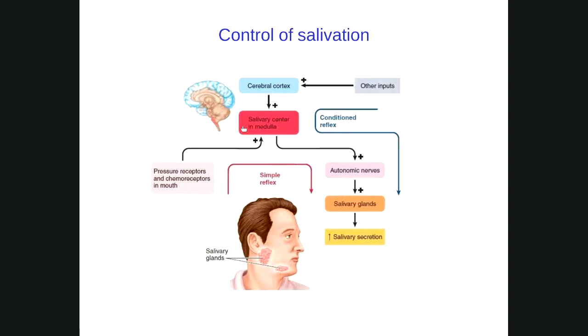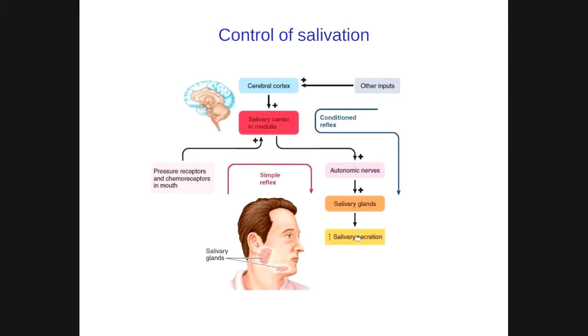So here, if this center is activated, it will cause the reflex of salivation, which is mainly through the 10th cranial nerve, through an autonomic action, the parasympathetic system, by the vagus nerve, which will stimulate the salivary glands, causing increased salivary secretion.